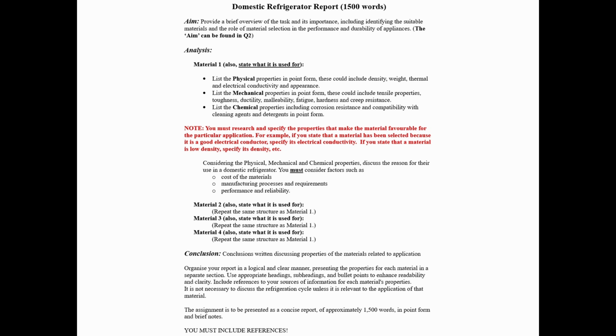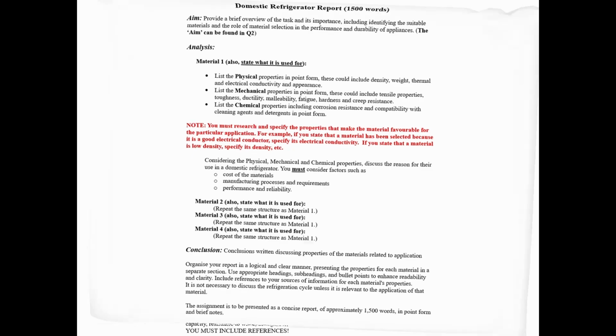You're required to write a conclusion. Your conclusion should be written discussing the properties of the materials related to the application. You're also required to write a report on the selection of materials used in a washing machine. The report format is the same as a domestic refrigerator.